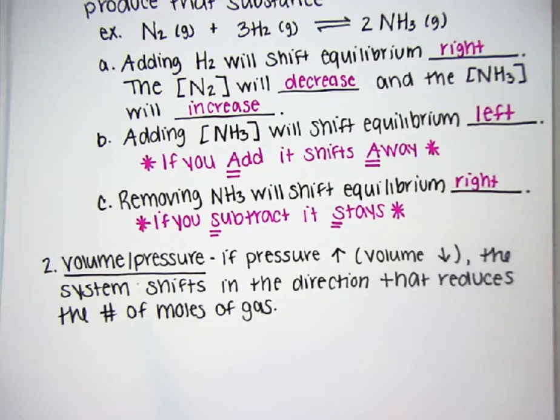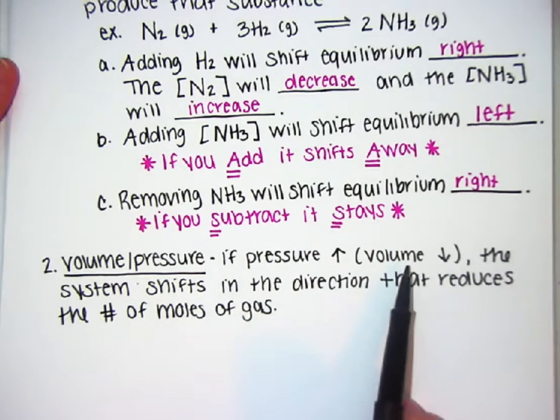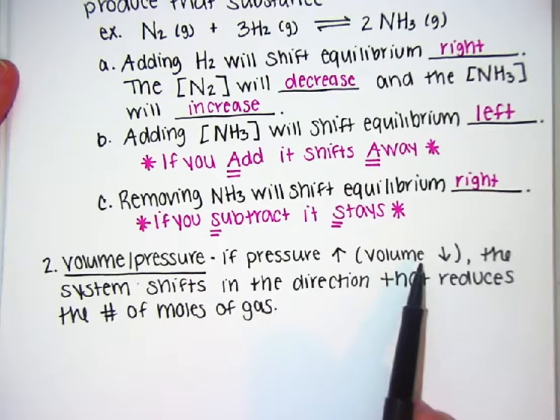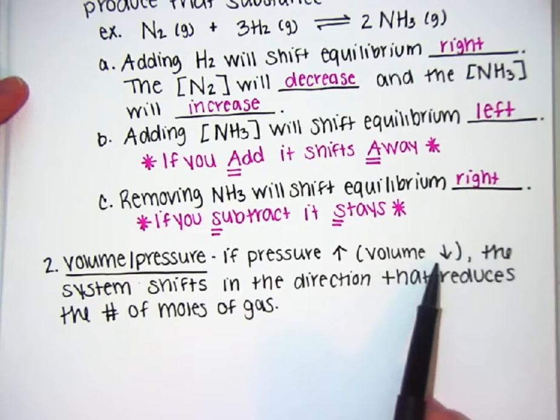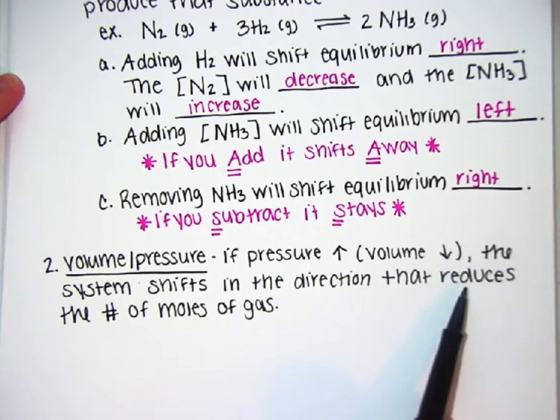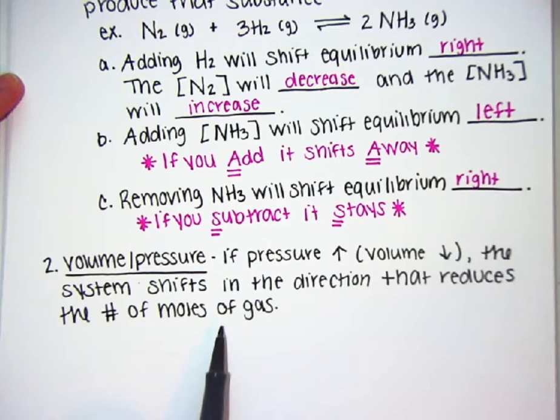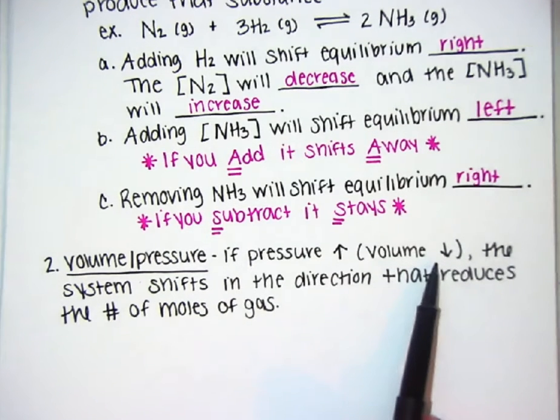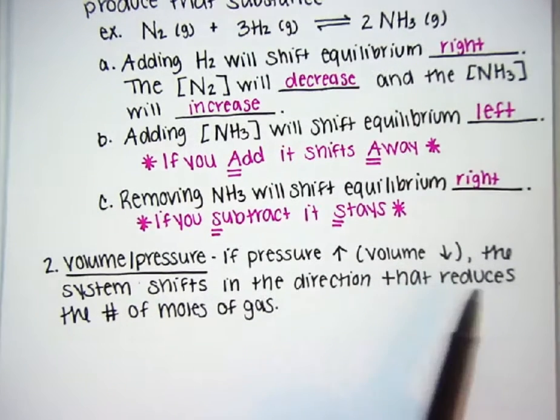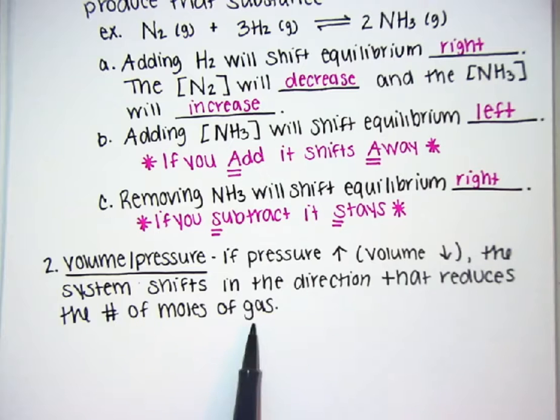I like to think of this one in terms of volume. If volume goes down, you have less space. It's going to favor the side with less moles of gas. Just like if you're trapped in an enclosed location, like a small elevator, wouldn't you want to be in there with less people because there's less space? Our reaction works the same way. If we're going to decrease the volume, it's going to shift to the side with less moles of gas.